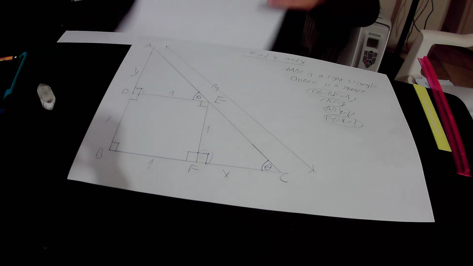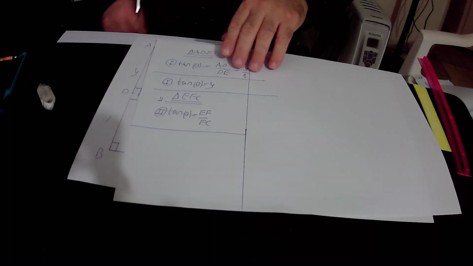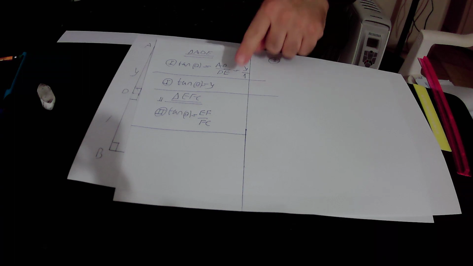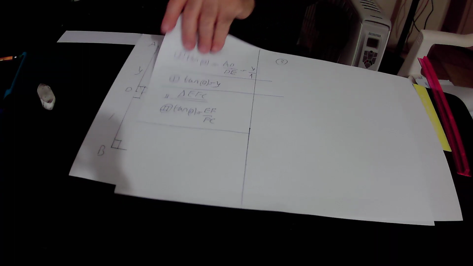I'll repeat again. On the right triangle, triangle EFC, tangent theta equals EF over FC.